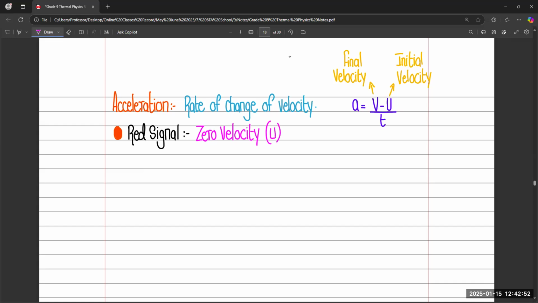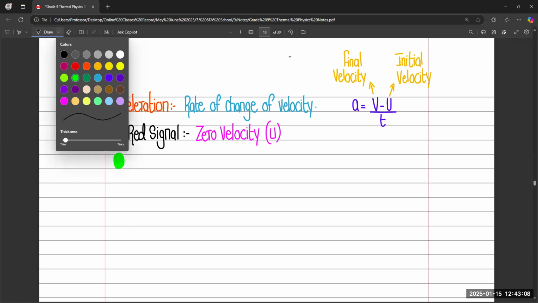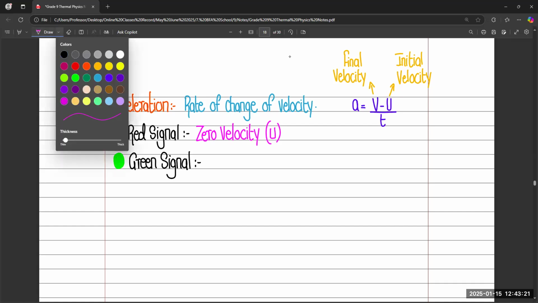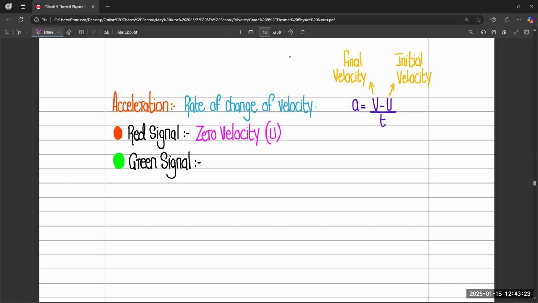So this is initial velocity, right? And when the signal turns to green, so this is the green signal now. When the signal turns green, what do you think about the velocity or the speed of the car?